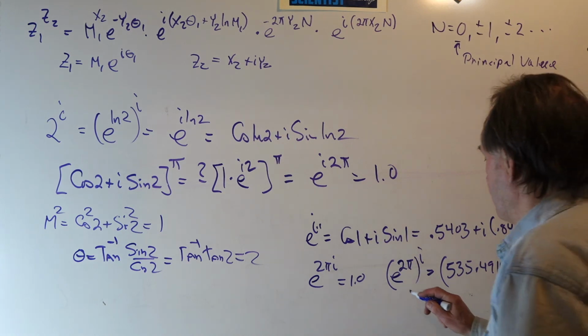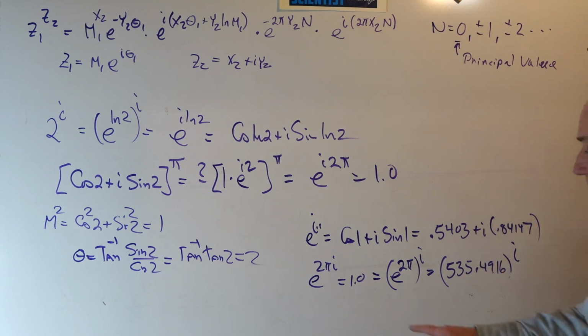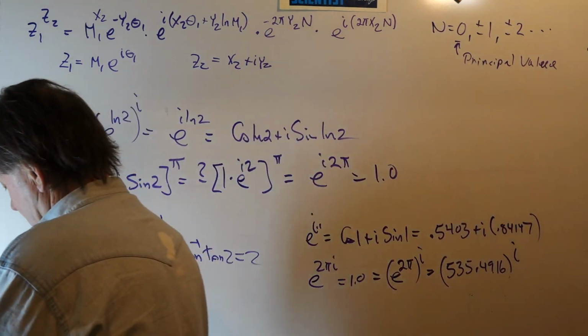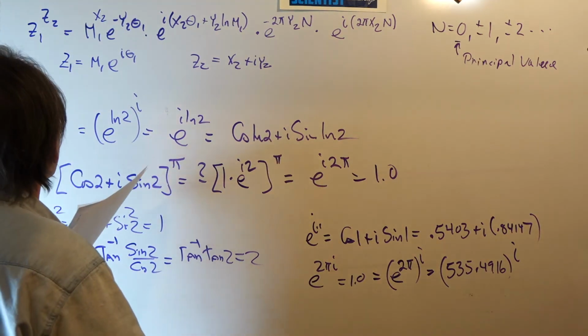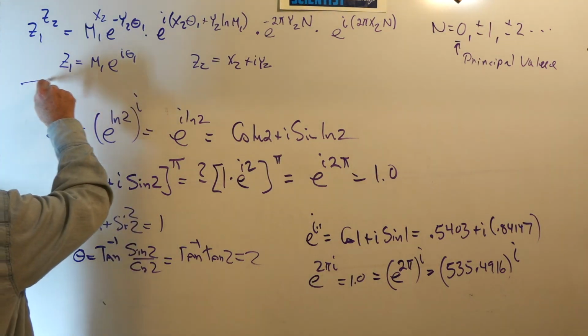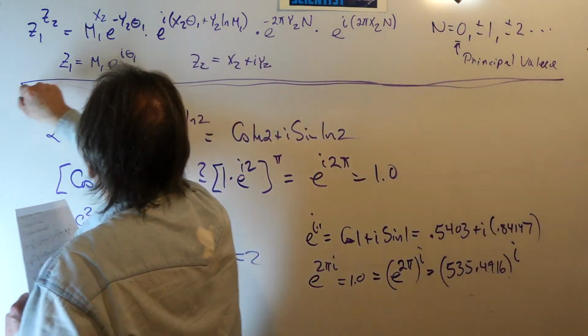So this number is equal also to 1. 535.4916 raised to the i power is 1. So that wraps it up. Here is our general form for the expansion of a complex number raised to a complex number.